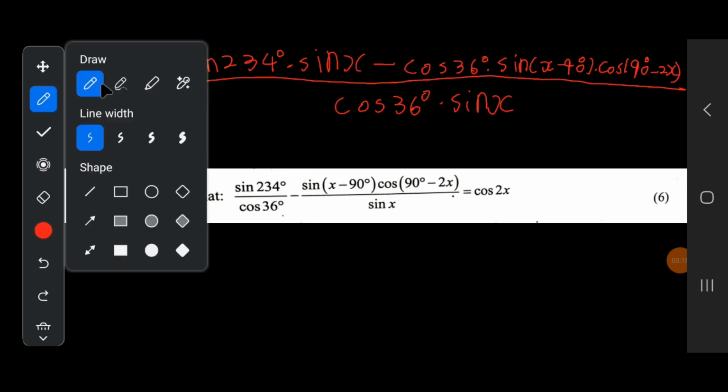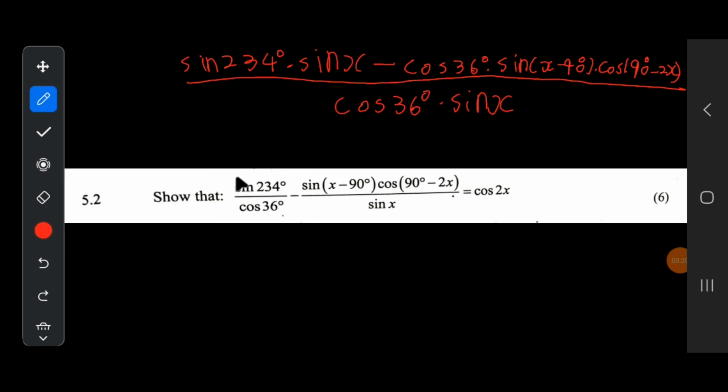So now it's in a standard format. As we move forward, we try our best to fight against these big angles. You see 234, it's too big, it's not easy to work on it. We should fight by all means to reduce it to an angle which is small, like 36. So we say sine 234.